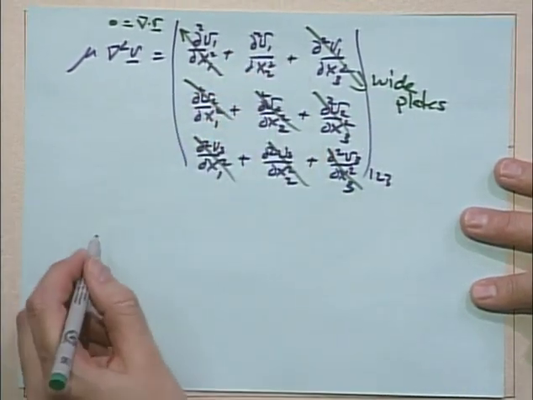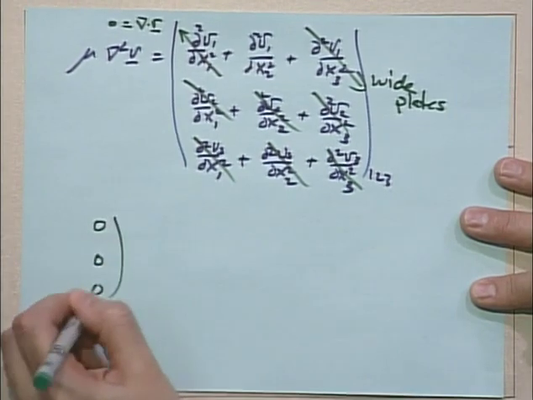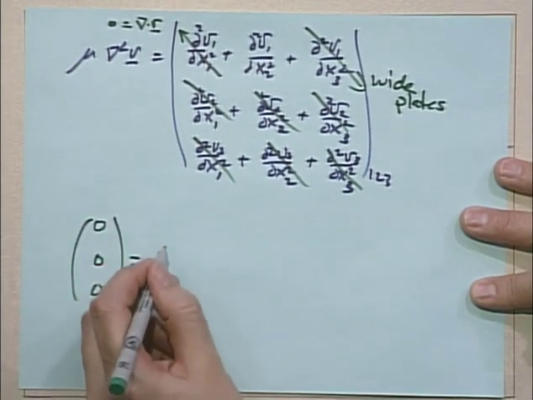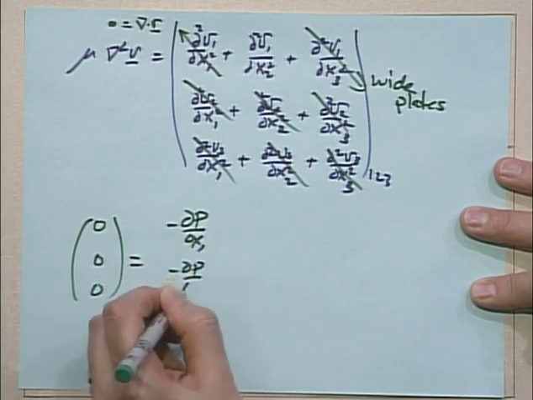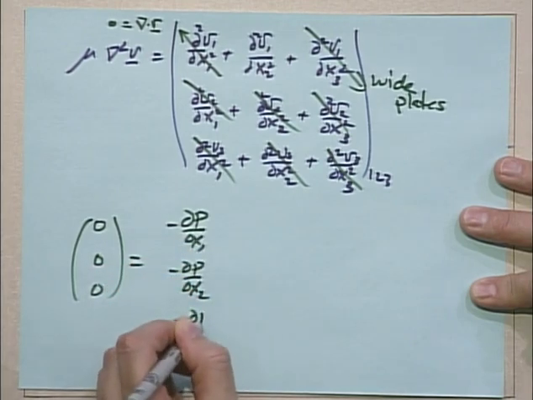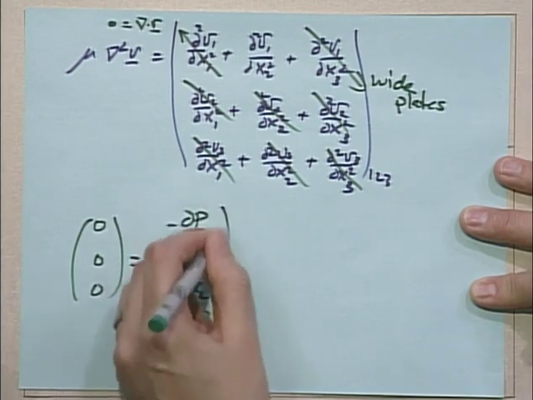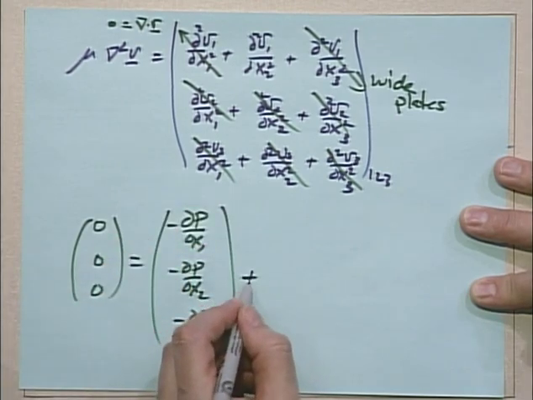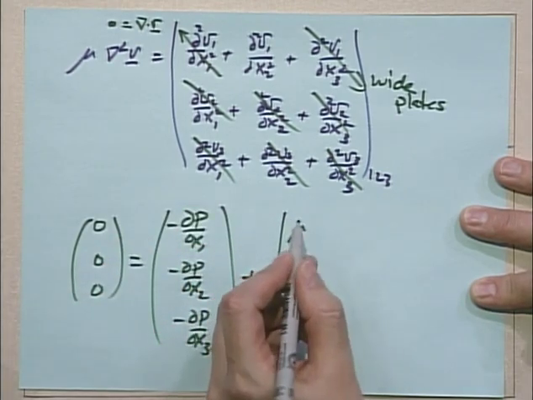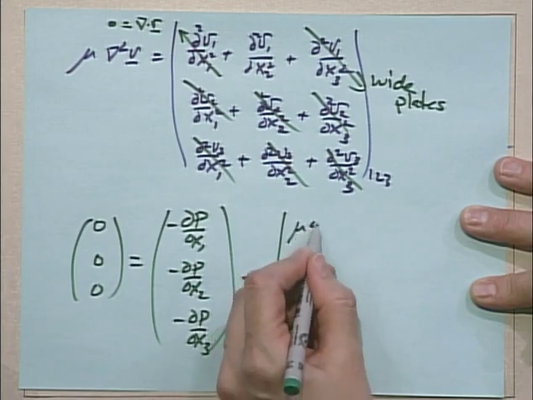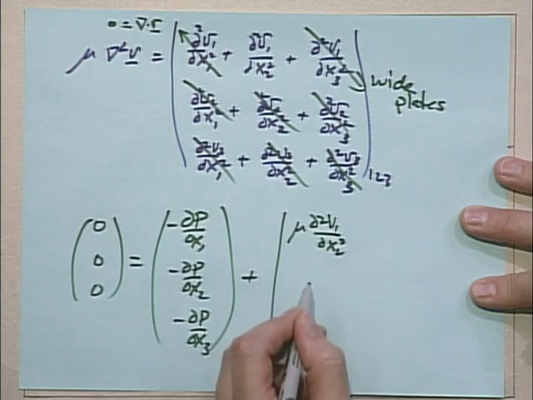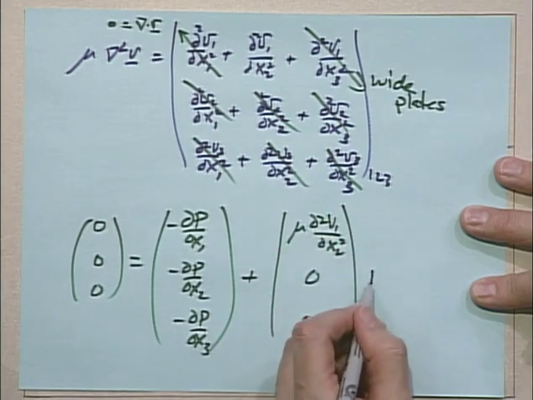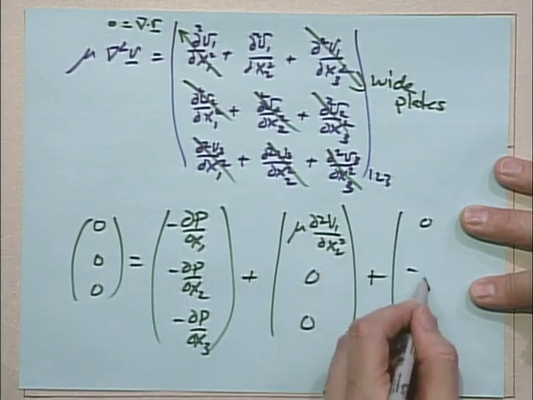And if we put them all together, we get 0 equals minus dp/dx1 minus dp/dx2 minus dp/dx3 plus mu d²v1/dx2², 0, 0, plus 0 minus rho g, 0.